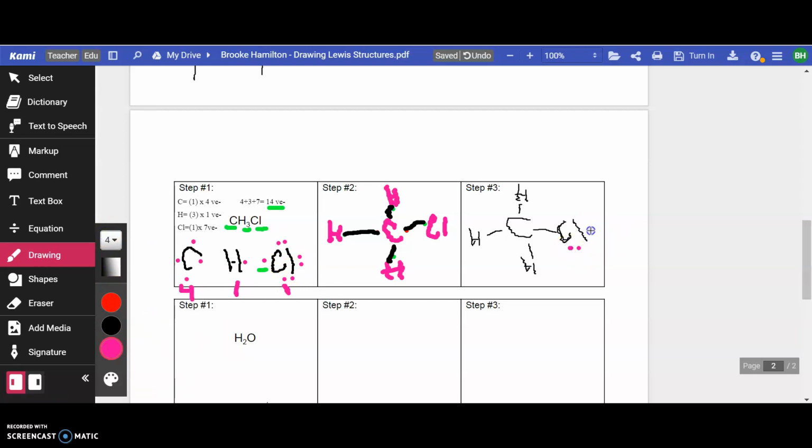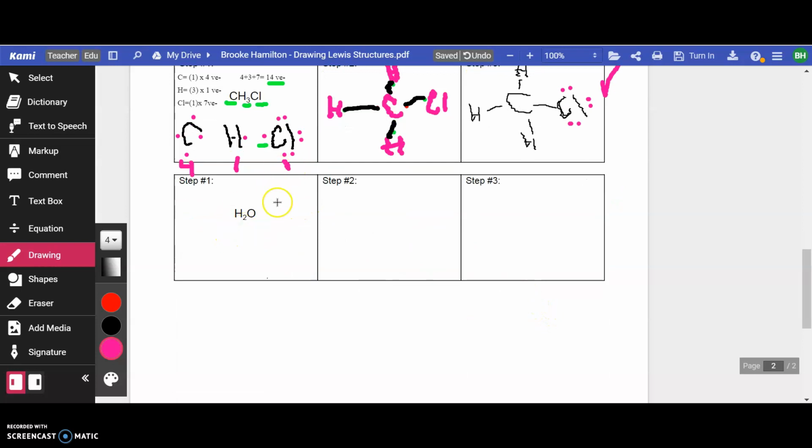So we have 1 lone pair, 2, and 3. So our final should have 14 valence electrons. We have 2, 4, 6, 8, since each line represents 2. So 8, 10, 12, 14. So we are good to go on CH3Cl.